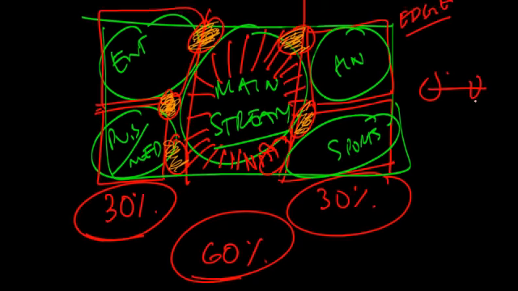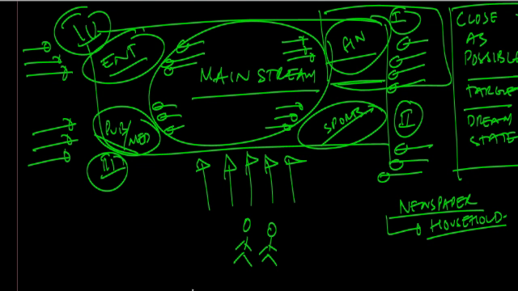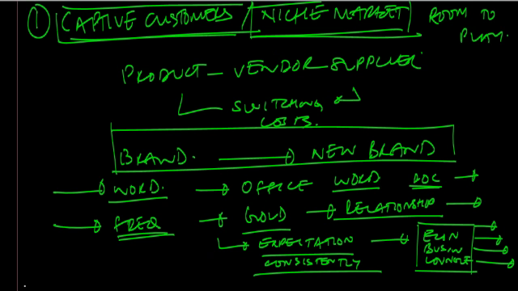Again, the advantage that you've just created came about because you went out and redefined the space and how to compete in that space. And this, as we said earlier, is the second primary competitive advantage. It's called the advantage of captive customers or niche markets.